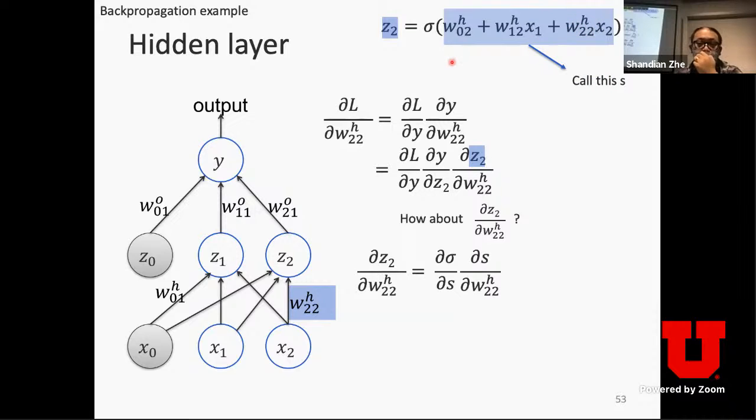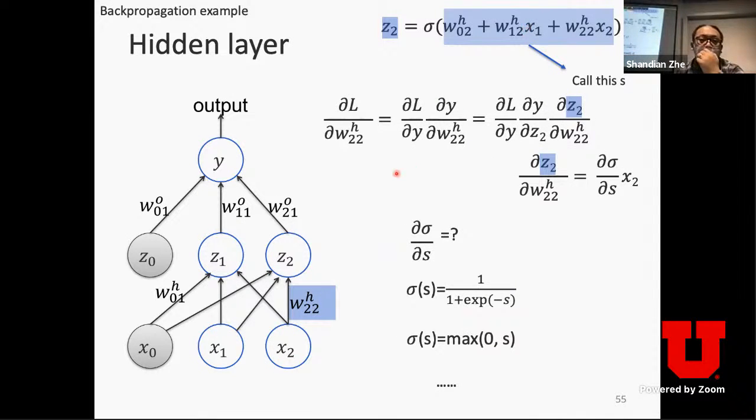But then the problem is how do you compute the partial derivative of the activation function with respect to the input of this activation function? Any questions so far? This is just an application of the chain rule, nothing else. Of course, this depends on how you choose your activation function.